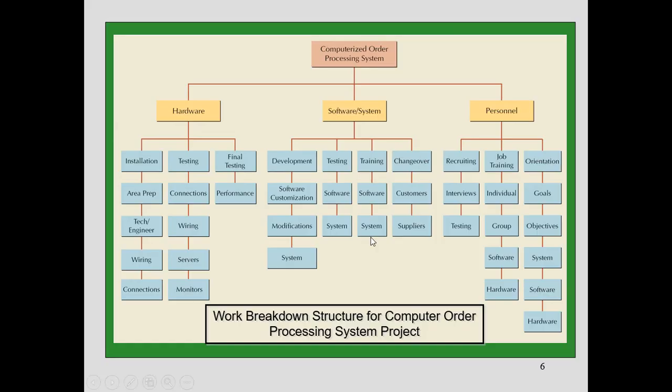So here we can see the breakdown structure of a computer order processing system project. The project title is Computerized Order Processing System, which basically consists of three main sections: the hardware section, the software or the system, and then the personnel, the staff.